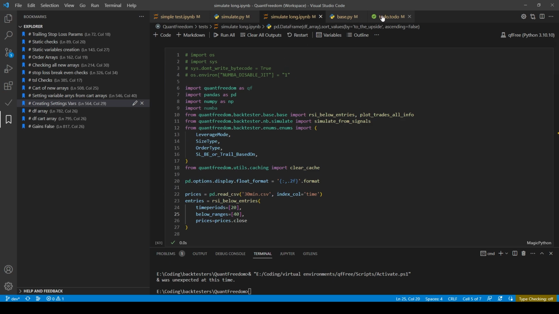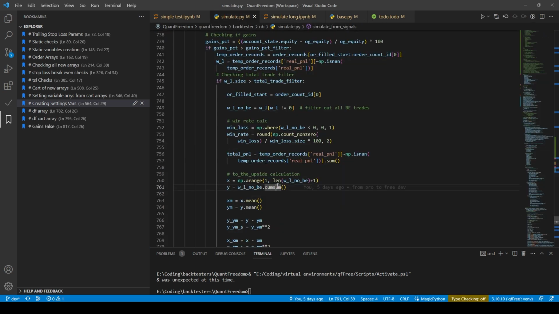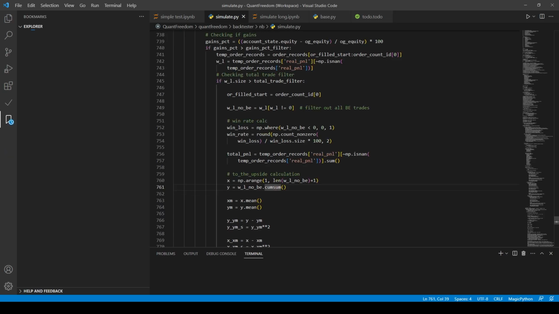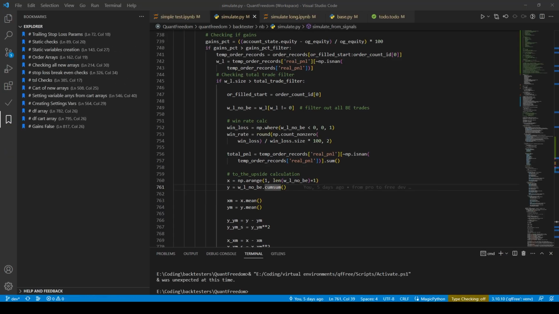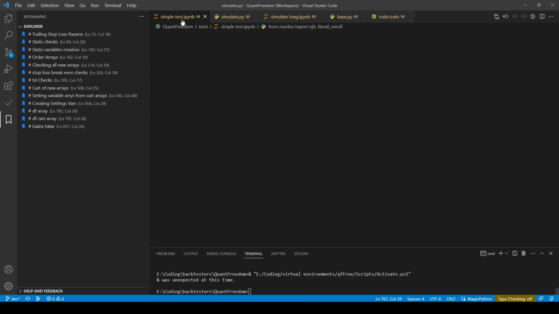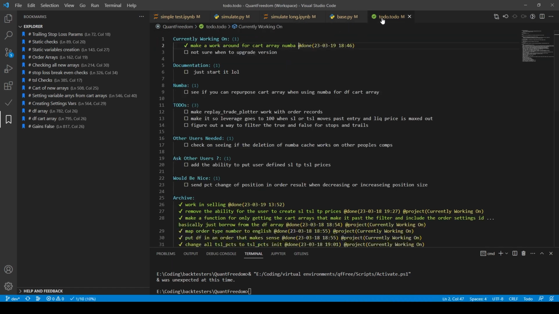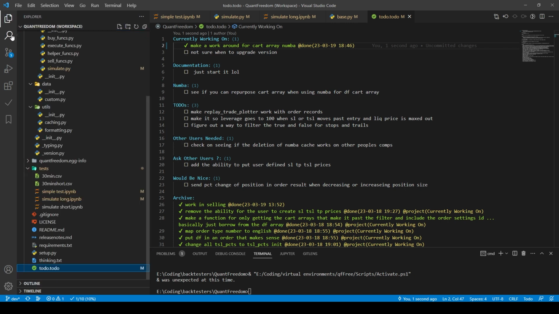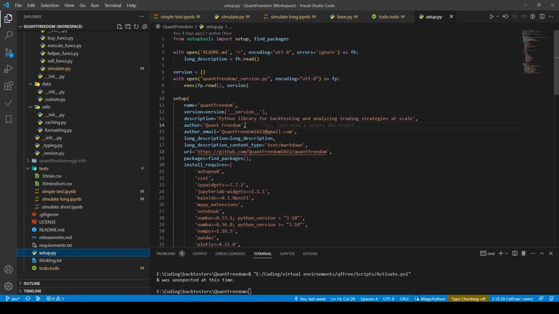Anyways, let's go ahead and hit that right there. Let's hit this right here. Okay, well, for now it works. So I guess I upgrade the version as well here. Right?